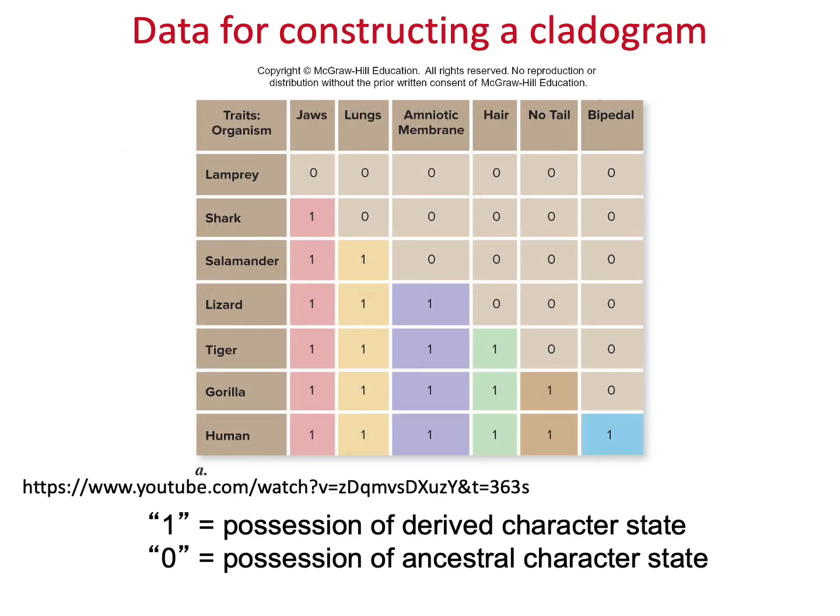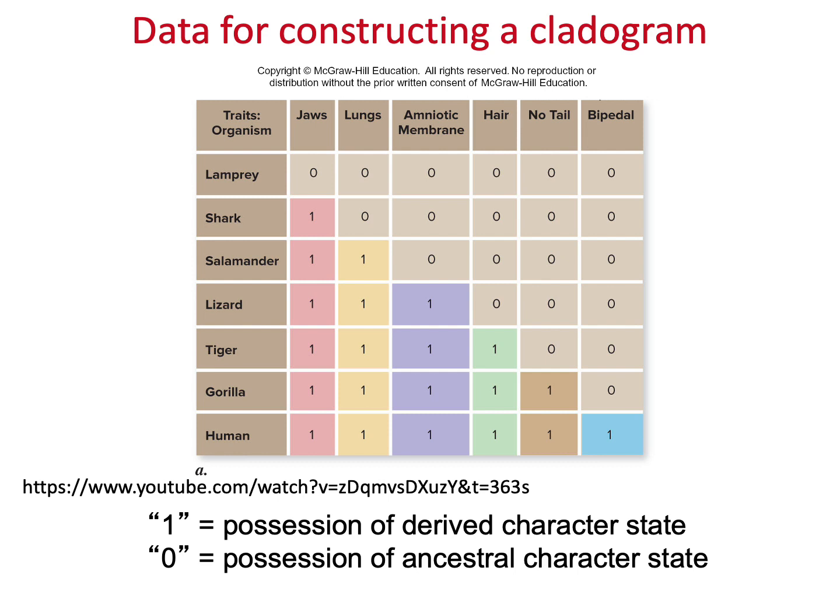Once you have assembled your data, the first step of manual cladistics is to polarize your characters. This means that you need to determine whether a particular character is in an ancestral or derived state. If it is an ancestral state, you give a 0. If it is in a derived state, you give a number 1.